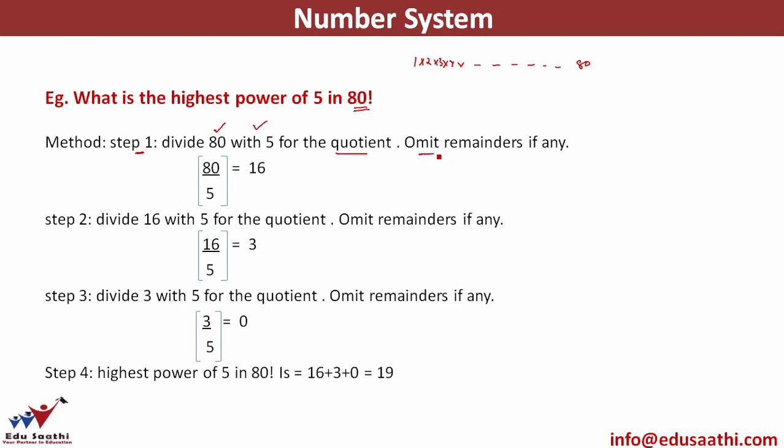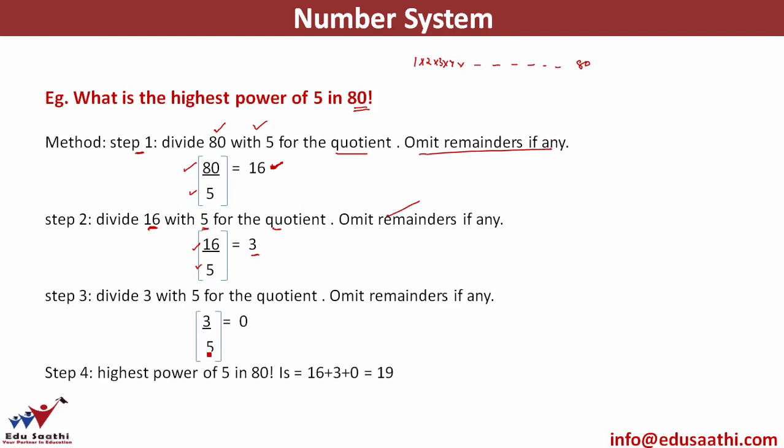Omit remainders, if any. Now here I do not have to look at any of the remainders. So 80 when divided by 5 gives a quotient of 16. Again divide the quotient that I have obtained with 5 for again the quotient. So 16 divided by 5 gives a quotient of 3. Remainder of 1, I have omitted it. Again 3 divided by 5.